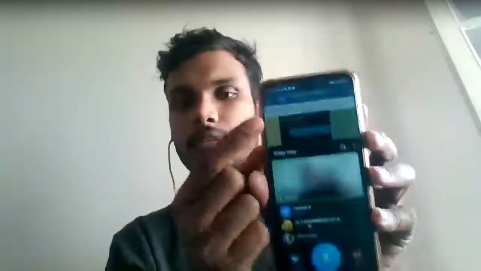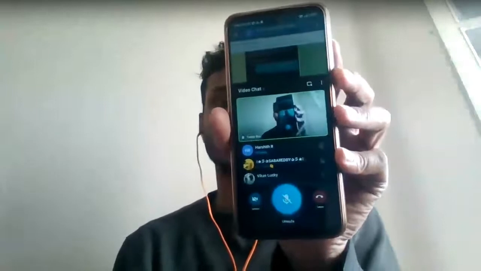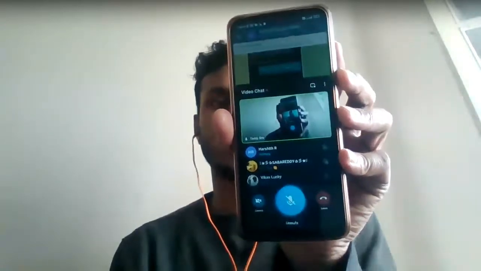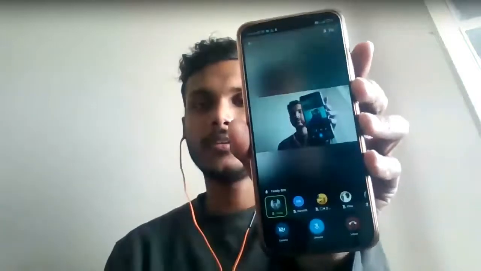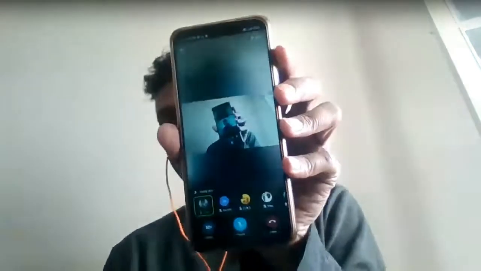See, when you start the chat, the screen is going to be like this. This is portrait mode. Tap on the screen, it becomes full screen.